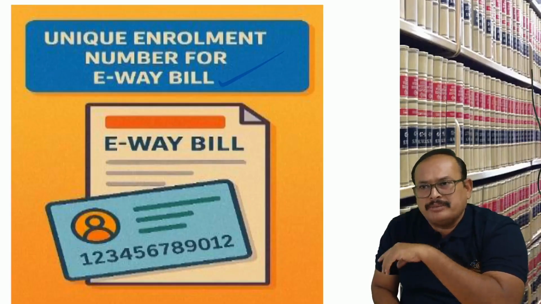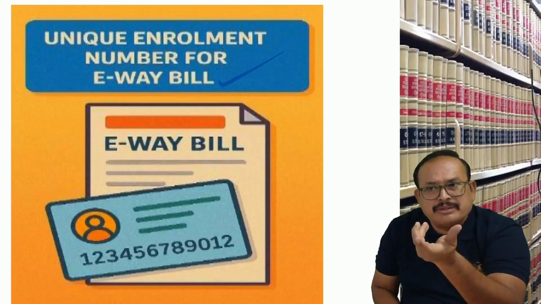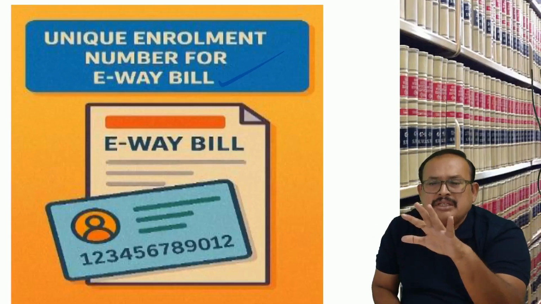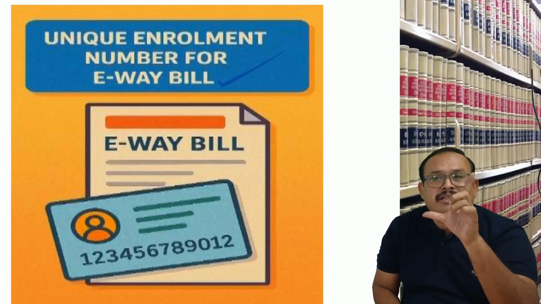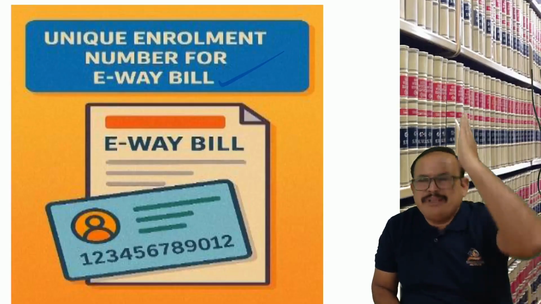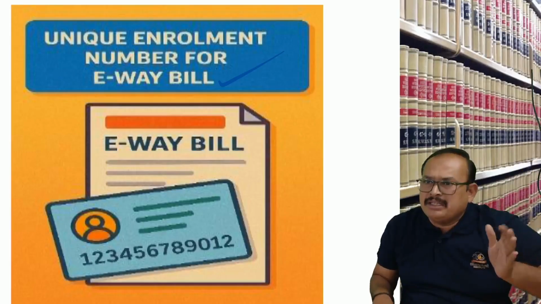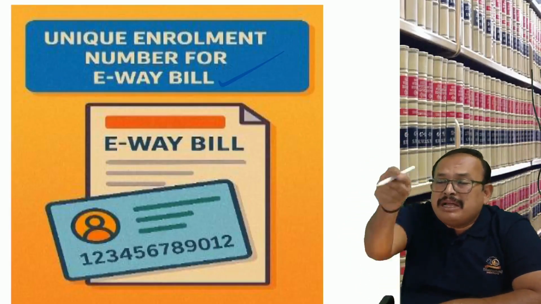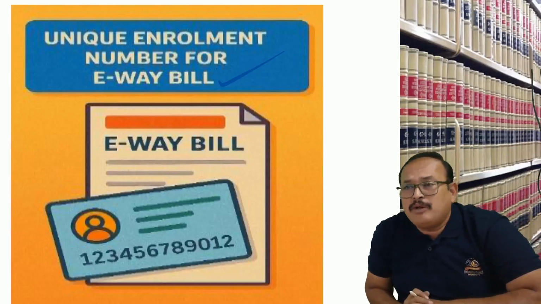Open the GST network portal. Give your basic personal information. Once the system goes through that information, it auto-generates a unique enrollment number. Then open the e-way bill portal, a separate portal. In that, you upload the information and mandatorily give the unique enrollment number.